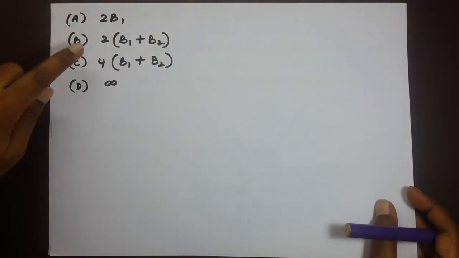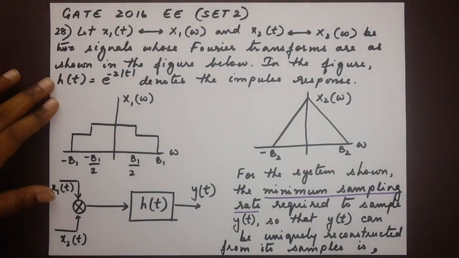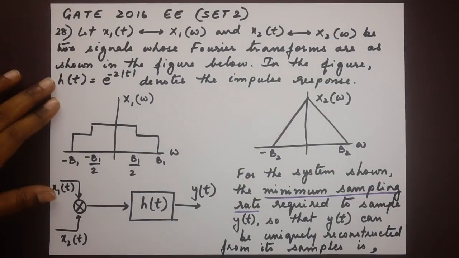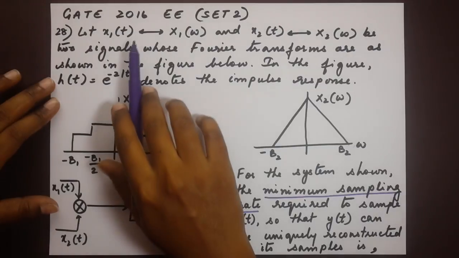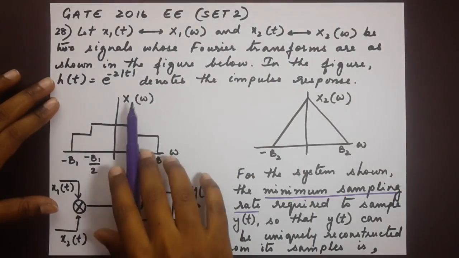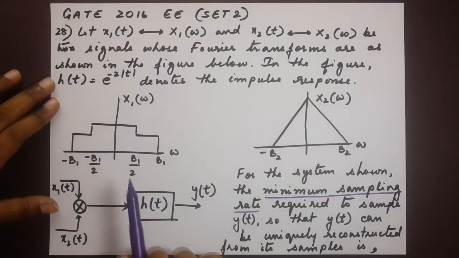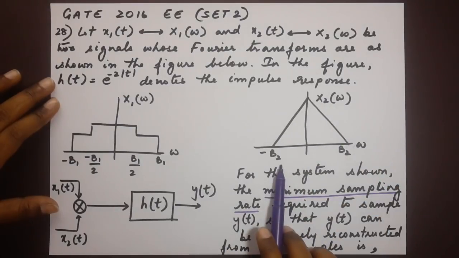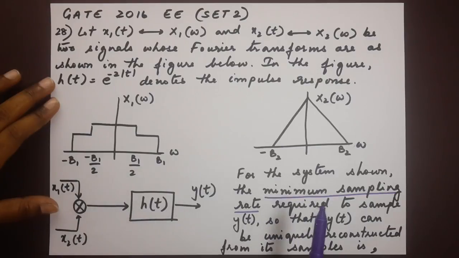Now B1 and B2 you will notice are here in the figure, corresponding to the input signals x1 of omega and x2 of omega. B1 is the bandwidth of x1 omega and B2 is the bandwidth of x2 omega.